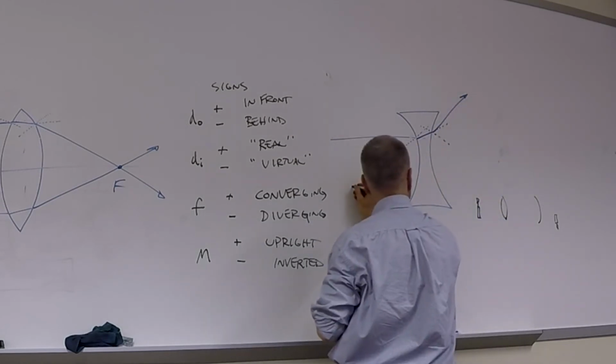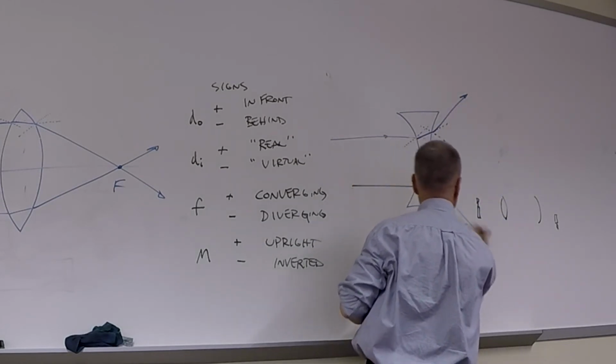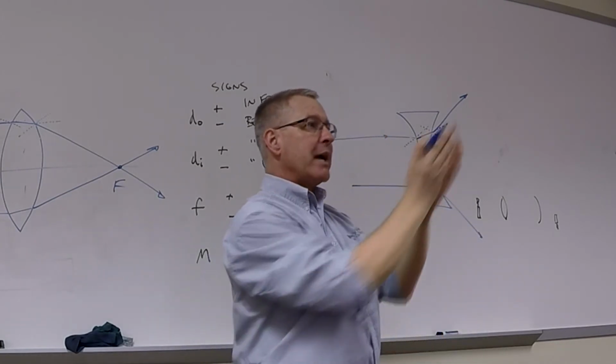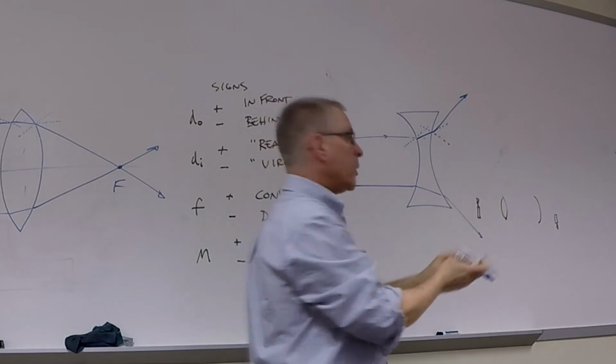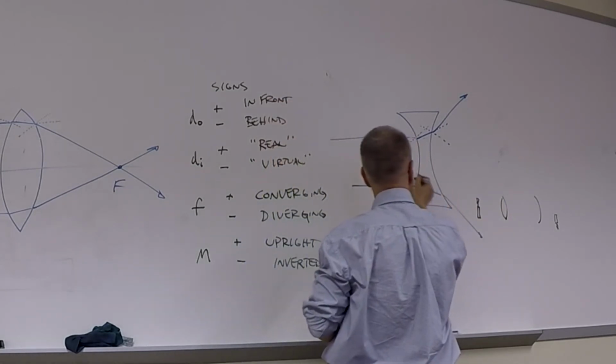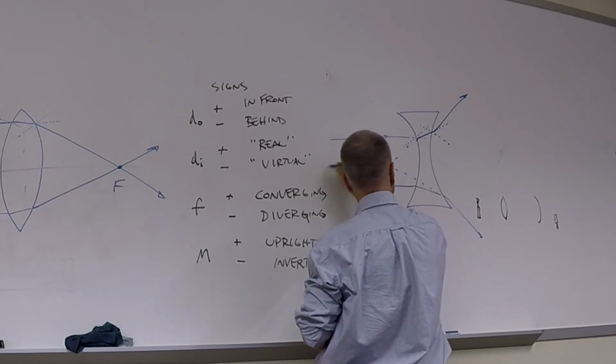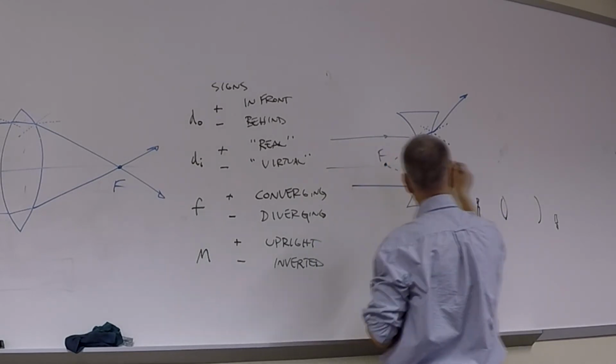Send one down here, same kind of thing happening. And like you saw with your mirrors, my refracted rays are diverging, but there is a spot back here if I extrapolate them, then they'll cross. And again, I can define a focal point here and a focal point over here.